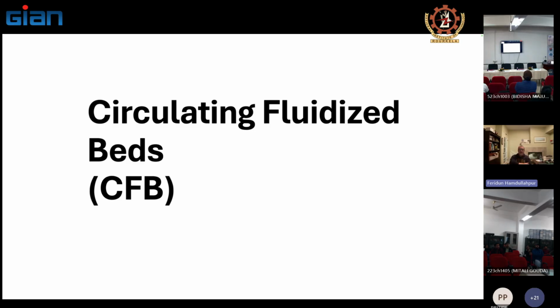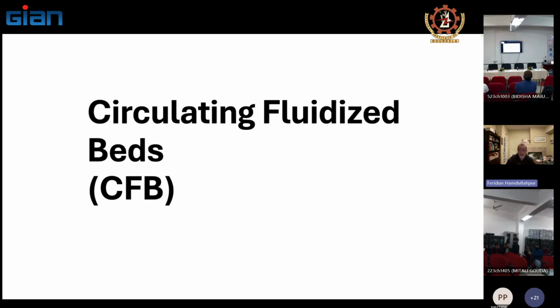I'm going to move to the next phase, which is to introduce the circulating fluidized beds. Remember, I said when the gas velocity in the fast bed exceeds the terminal velocity of these particles, then a large number of them will escape out of the bed.